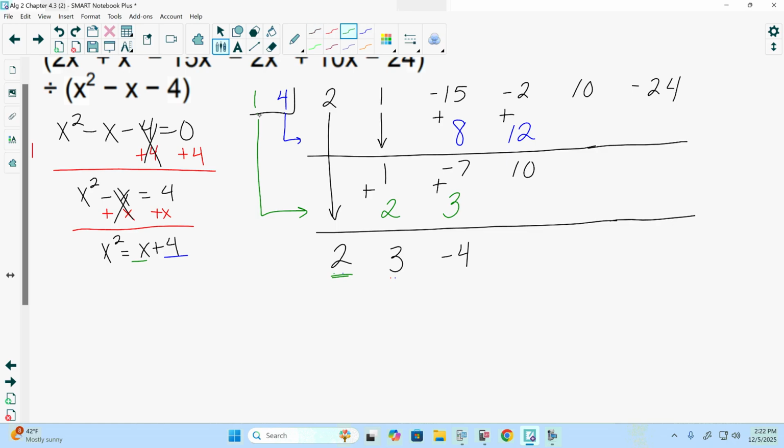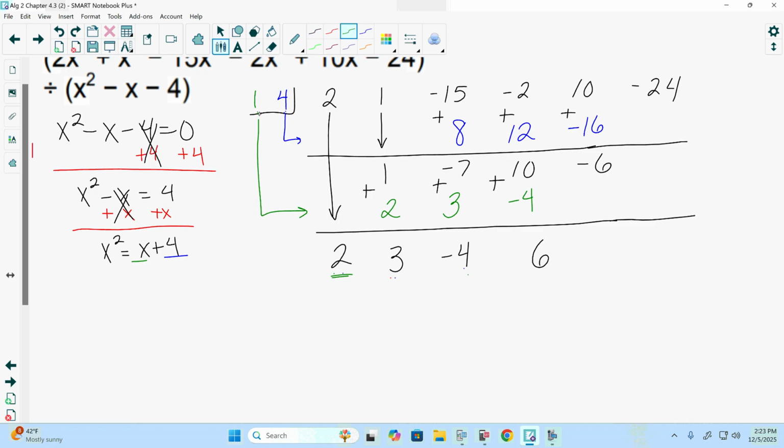Because then it's still just 1 times our negative 4 down here, which is going to be negative 4. Then our 4 times negative 4 is negative 16. Make sense? Then we would add 10 plus negative 4 would be 6. 10 plus negative 16 would be negative 6.